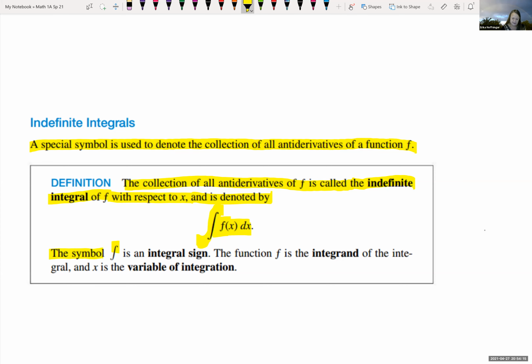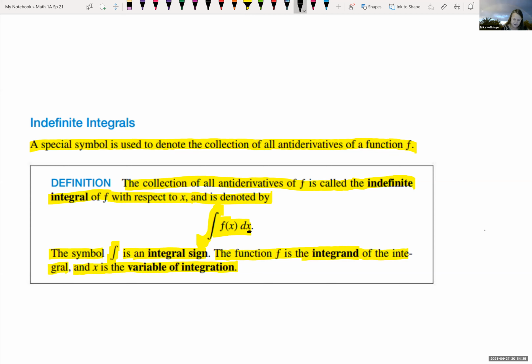That elongated S symbol is called the integral sign. The function f is called the integrand of the integral, and x is the variable of integration.